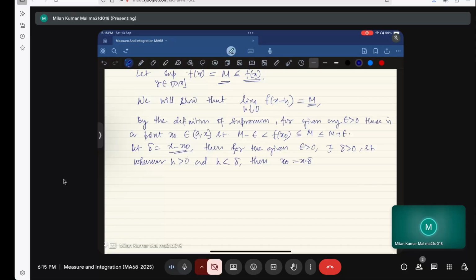Basically, if h is less than delta, and suppose this is the point x naught, this is the point x, so this is the distance delta.